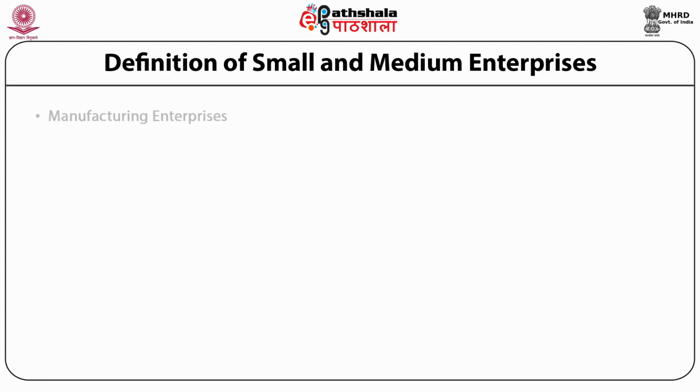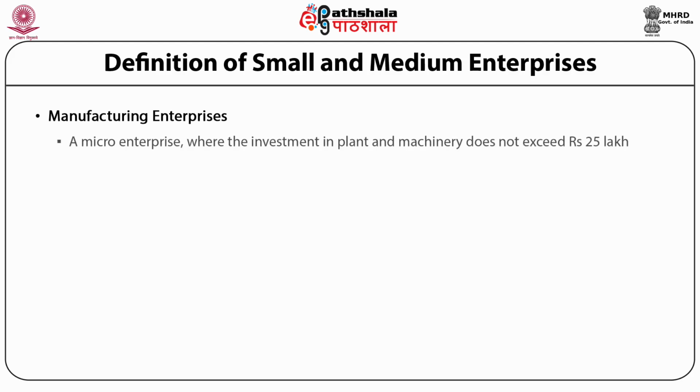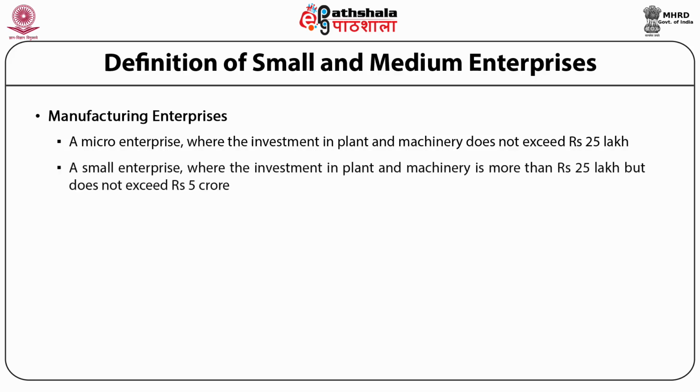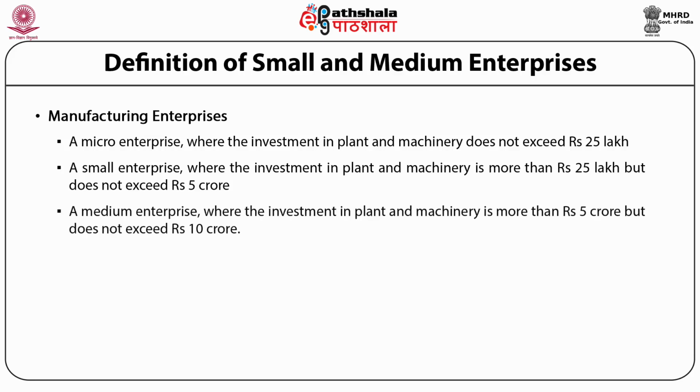For manufacturing enterprises, a micro enterprise is one where the investment in plant and machinery does not exceed rupees 25 lakh, a small enterprise is one where the investment in plant and machinery is more than rupees 25 lakh but does not exceed rupees 5 crore, and a medium enterprise is one with investment in plant and machinery of more than rupees 5 crore but not exceeding rupees 10 crore.